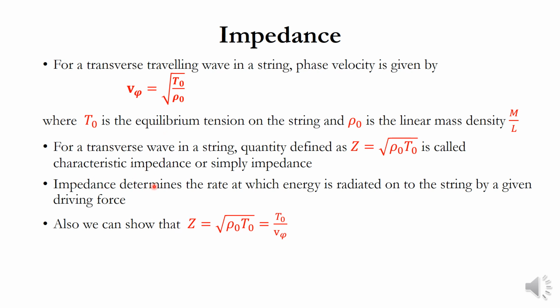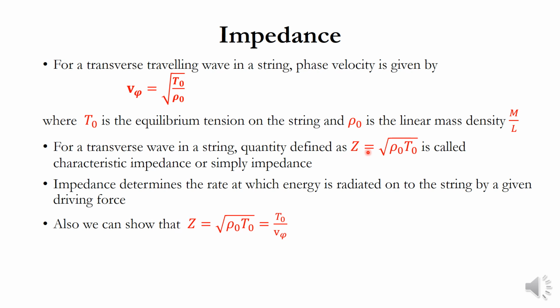This impedance determines the rate at which the energy is radiated onto the string by a driving force, that is from the source. The rate at which the energy is transmitted is determined by this Z value, or impedance value.